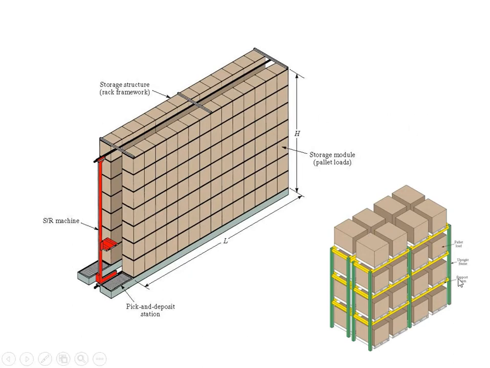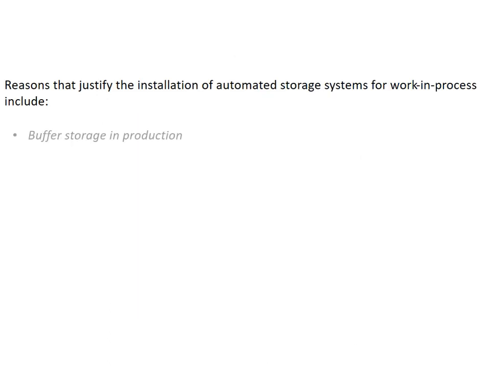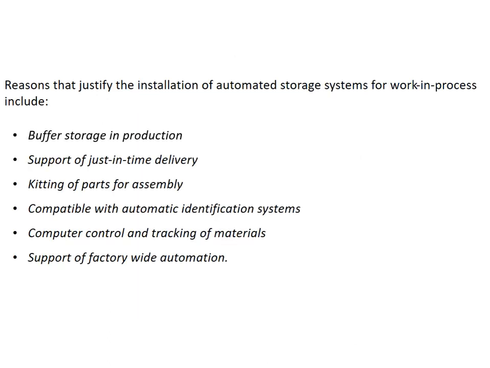Here it is arranged with a support beam and an upright beam, and we have the pallet load placed on those beams. In that way it is arranged in a unit, and it is very useful in retrieving and storing, and we have a track of each individual item where we can easily retrieve or store it. So these are the uses, you can go through it.